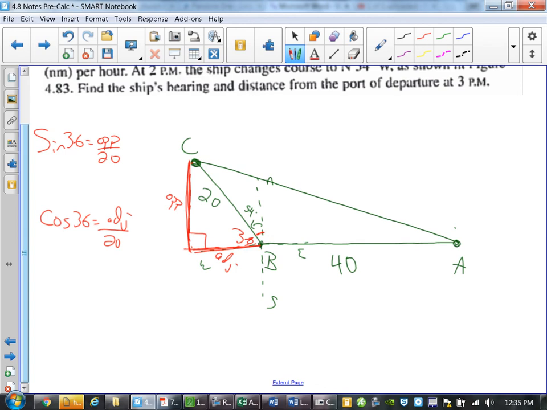The cosine is 16.18, and then the sine is 11.76. I did it too fast.